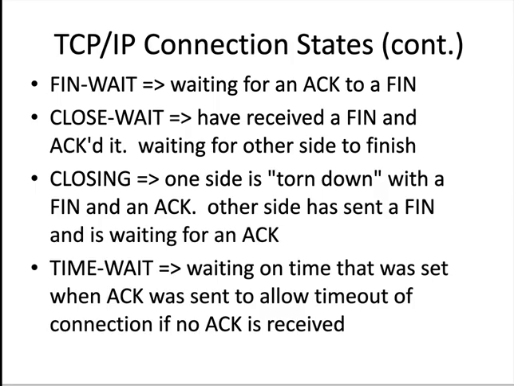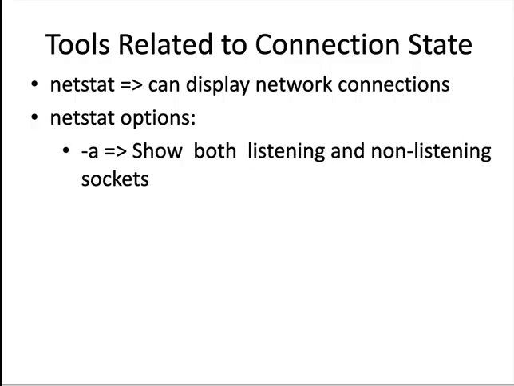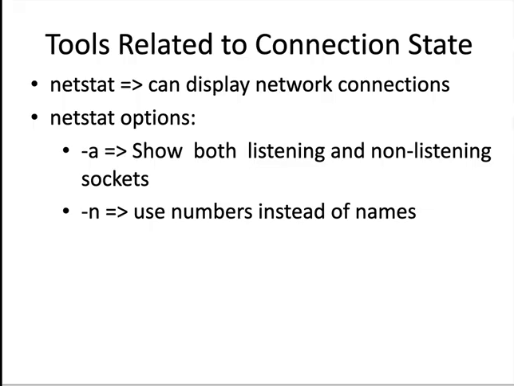Now, there are tools for examining the connection states on host machines. Born out of the Unix world, but available on Unix and Windows these days, is netstat, which gives you a network status which can display network connections. There's a couple of common options. -a means show all sockets regardless of whether they're listening or non-listening sockets. -n means don't give me things like google.com, actually give me the IP address.